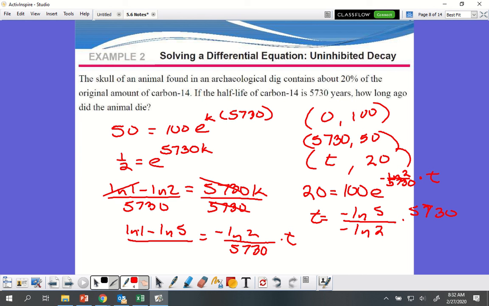Odin said it's 13,000. How many decimals did you get? 13,400 point 4.6. Okay, 13,304.